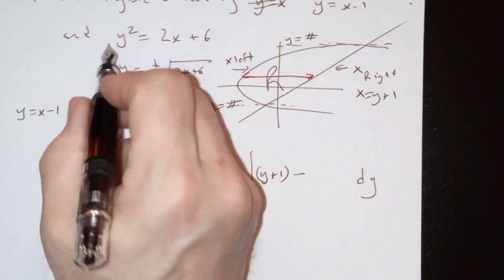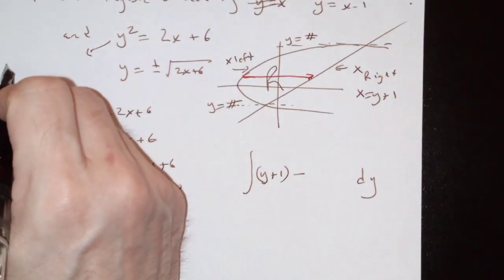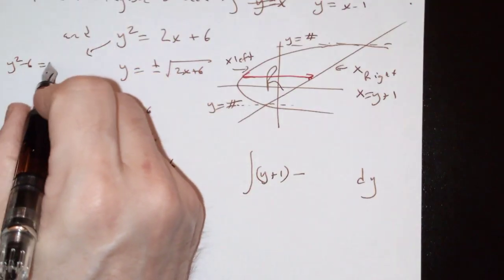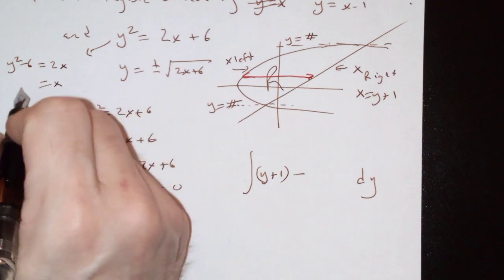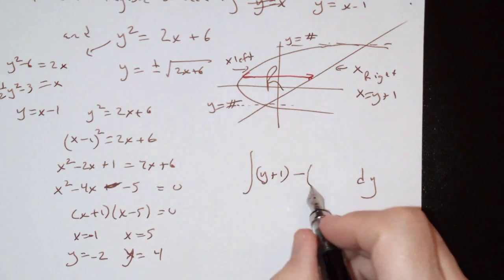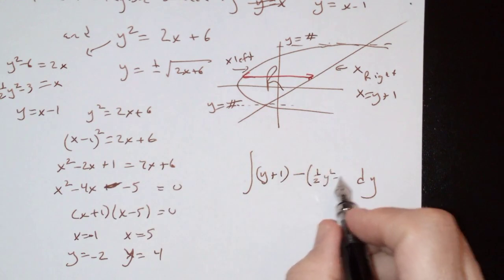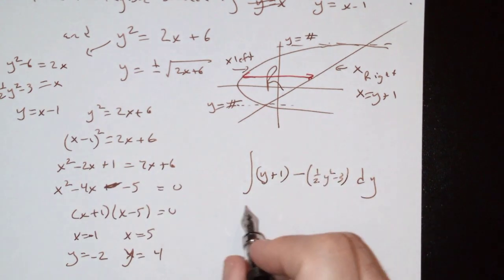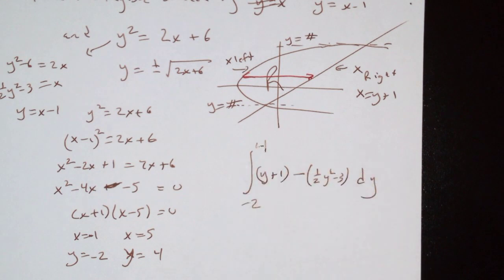So this equation becomes y squared minus 6 is 2x, or x is 1/2 y squared minus 3. And then I integrate from negative 2 to 4. And I build up my slices going up and down instead of going from left to right.